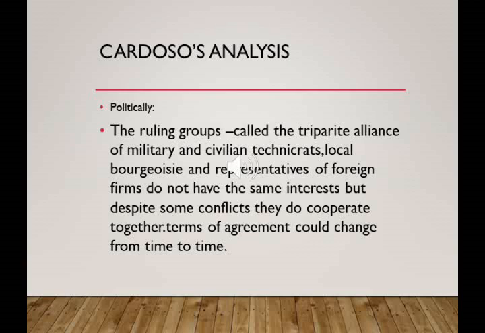So something like this has been shaped in Brazil and Latin American countries. It's a tripartite alliance between foreign capital, representatives of foreign capital, the local bourgeoisie, the local capitalist class, the big bourgeoisie, la haute bourgeoisie, and senior state officials who have some sort of advanced training in the art of management, in economics, maybe science, etc. So this is the tripartite alliance.